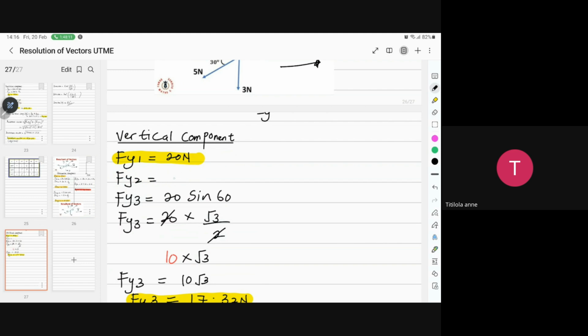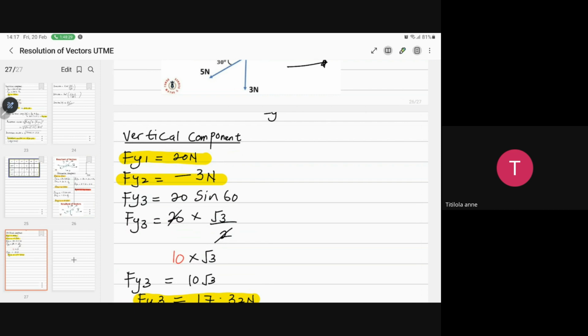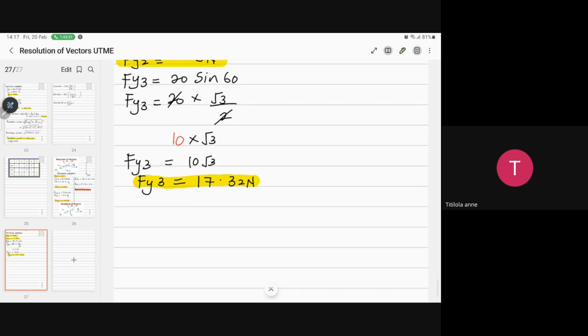It's in the second quad. So this will be minus 3 Newton. Do we agree that here should be minus 3 and not just 3? Give me a thumbs up if you agree. All right, thank you.